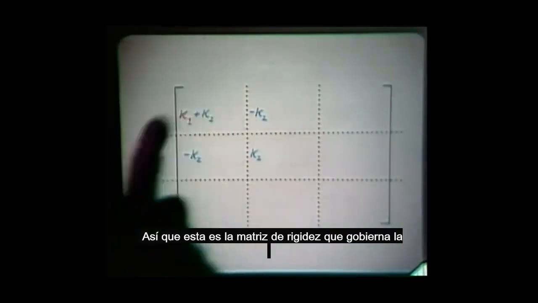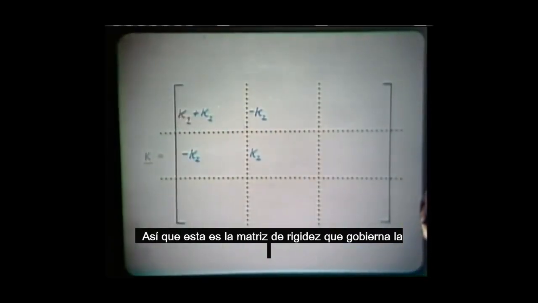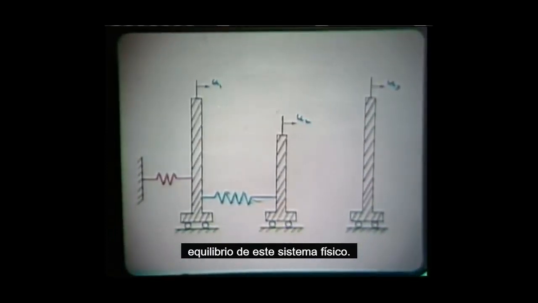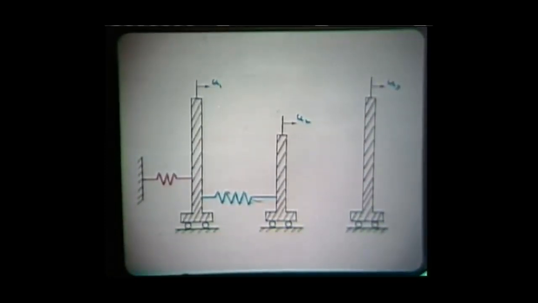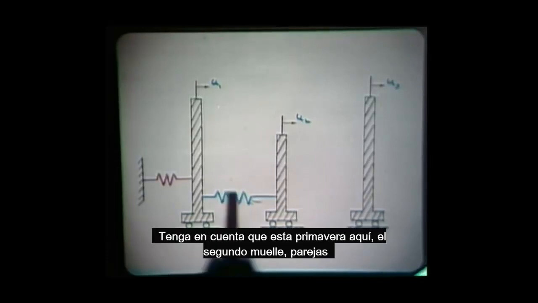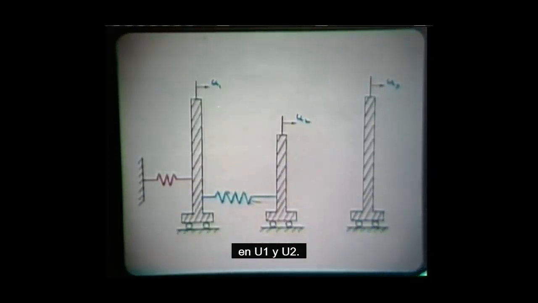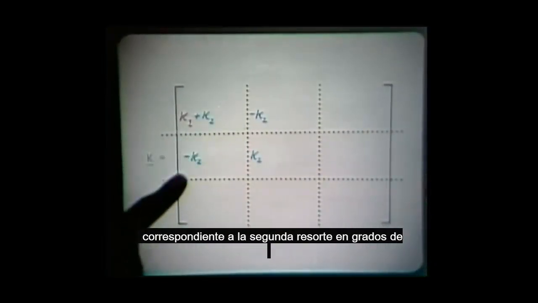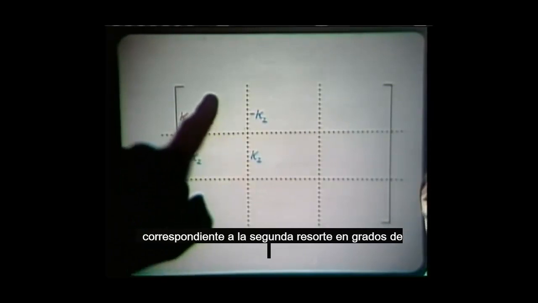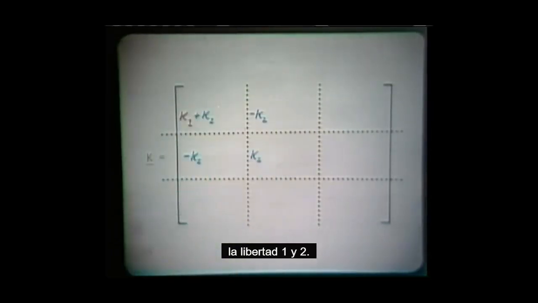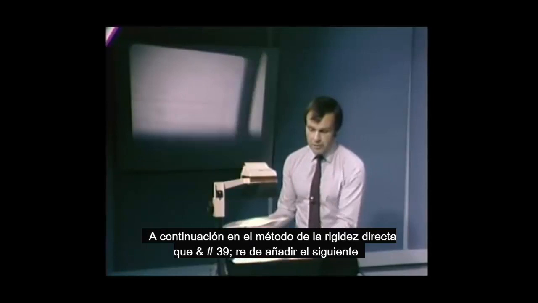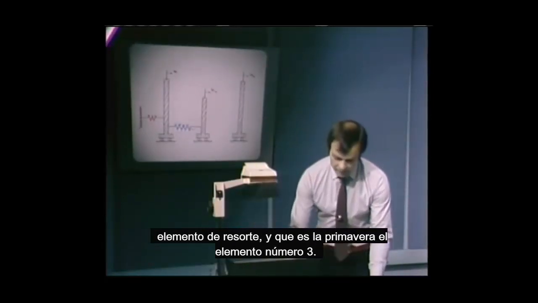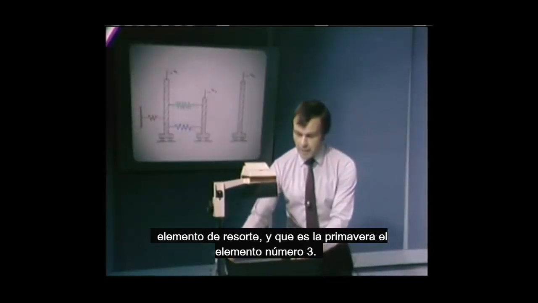This is the stiffness matrix that governs the equilibrium of this physical system. Notice that the second spring couples into U1 and U2, and therefore we have added these blue elements corresponding to the second spring into degrees of freedom 1 and 2. Next, we're adding the next spring element, spring element number 3.